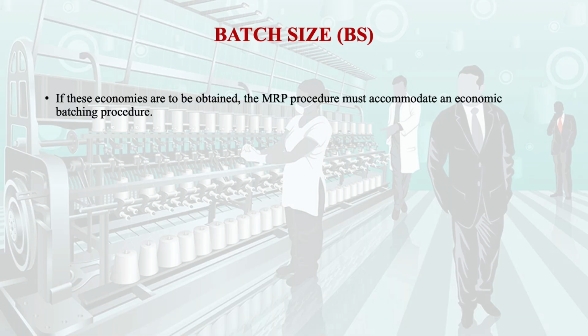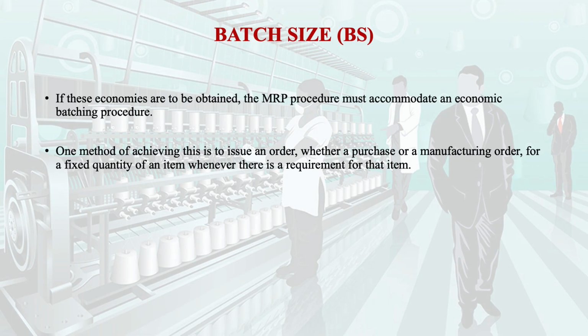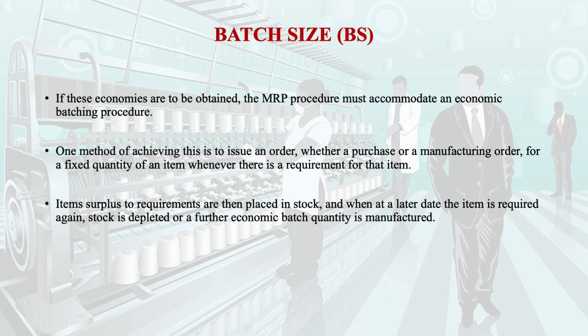For the factor batch size, if these economies are to be obtained, the MRP procedure must accommodate an economic batch sizing procedure. One method of achieving this is to issue an order, whether a purchase or manufacturing order, for a fixed quantity of an item whenever there is a requirement for that particular item. Items surplus to the requirement are then placed in stock. At a later date, when the item is required again, the stock is depleted or a further economic batch quantity is manufactured.